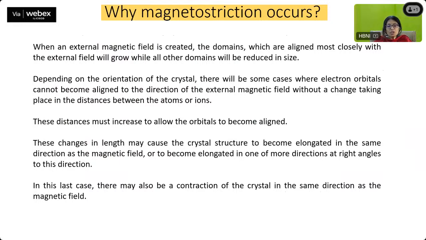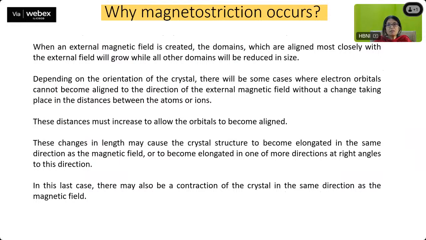Now, depending on the orientation of the crystal, there will be some cases where electron orbitals cannot become aligned to the direction of the external magnetic field without a change taking place in the distances between the atoms or ions, and these distances must increase to allow the orbitals to become aligned. So these changes in length may cause the crystal structure to become elongated in the same direction as the magnetic field, or to become elongated in one or more directions at right angles to this direction.